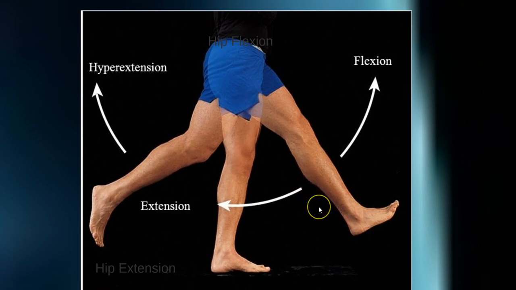Now, something to consider here, there are different ways in which you can flex and extend at the hip. In this one here, we're standing and we're simply lifting a leg off the ground and we're flexing and extending it. But what if you were to sink into a movement like a squat? Now that would also be hip flexion. The reason being, going back to the flexion definition I gave before, it's a diminishing of the joint angle.